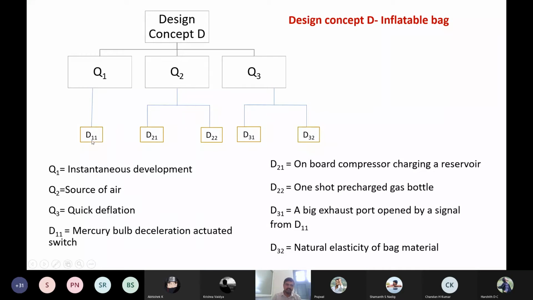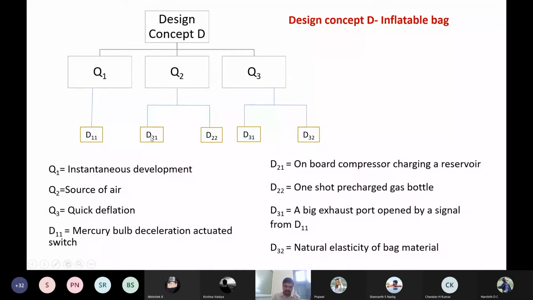D11 is the solution for subproblem Q1, that is the mercury bulb deceleration actuated switch. You can consider this switch as a signal. This signal will result in instantaneous development. That is the mercury bulb deceleration actuated switch. In modern airbag systems, it will be based on a sensor.